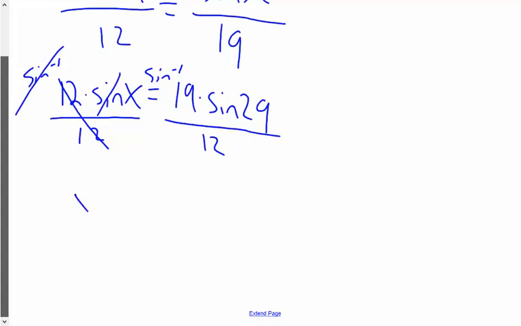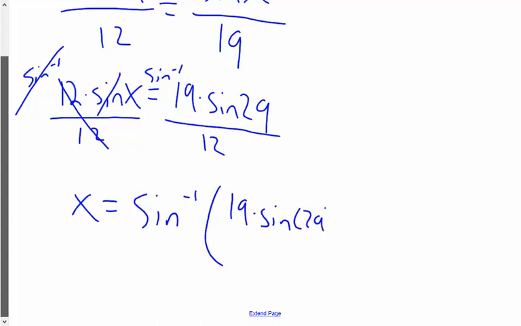So x equals inverse sine, and then all of this is going to go in parentheses. Make sure you close up the parentheses around the 29. So what you type in your calculator is sine 29, press enter, multiply that by 19, press enter, divide by 12, and then take the inverse sine of whatever that number is. And that's the law of sines.